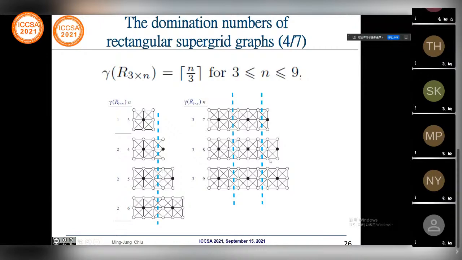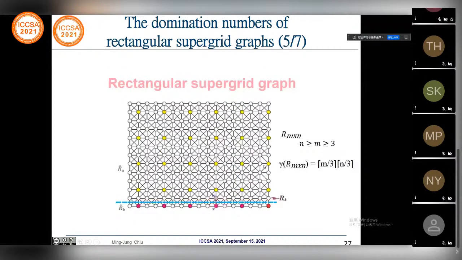And what about gamma of rectangular n by n? We use the same way to do it. We use this line to divide n by n into many parts of rectangular 3 by n. So gamma of rectangular n by n equals floor of n divided by 3 times floor of n divided by 3.